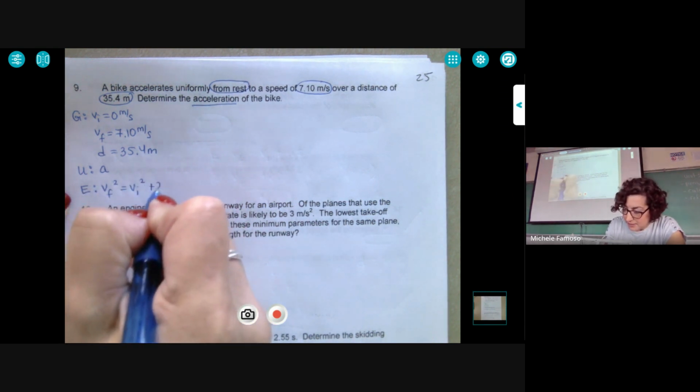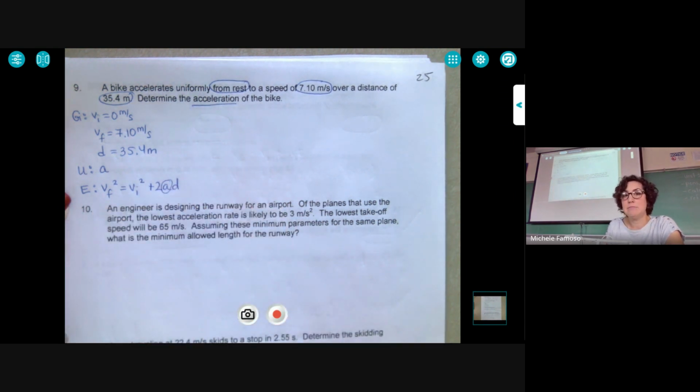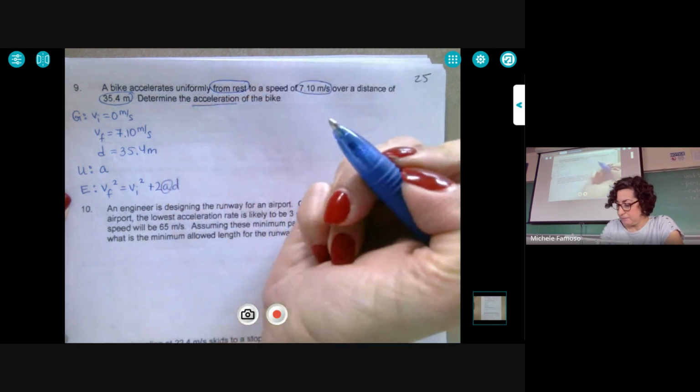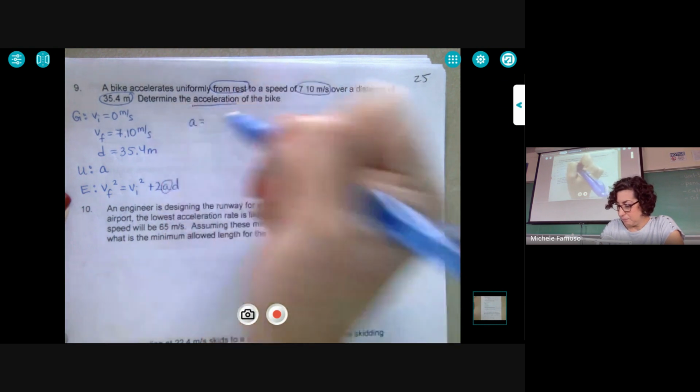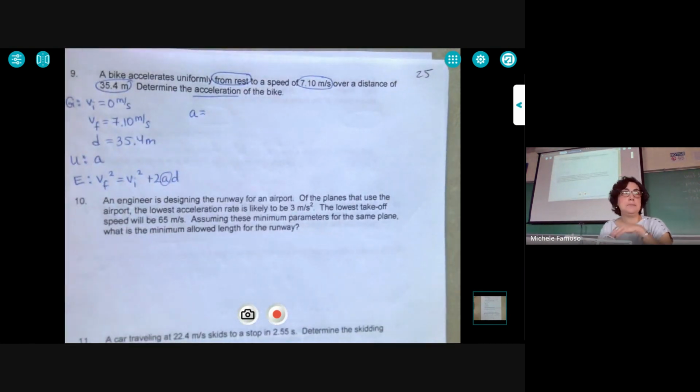That's the only one that does not have time. Now we need to move it around for A. We need to move it around for A. We did something similar yesterday. I'm pretty sure. Yeah, we did. Number 4. We moved number 4 around for A, the same equation. You see it?